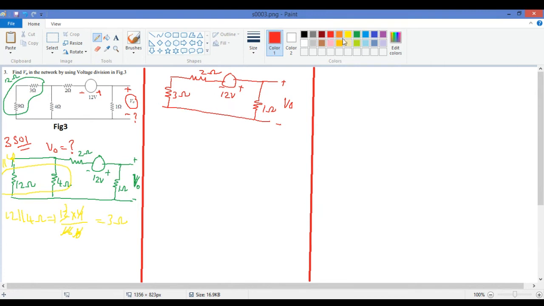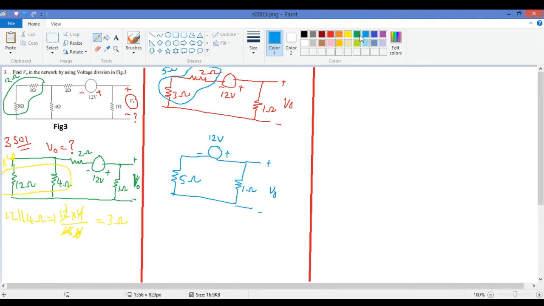Again from this circuit it is clear that they are in series, so I can replace this with 5 ohm. Here we have 12 volts minus plus, this is 5 ohms, this is 1 ohm, and here this we have to find out.